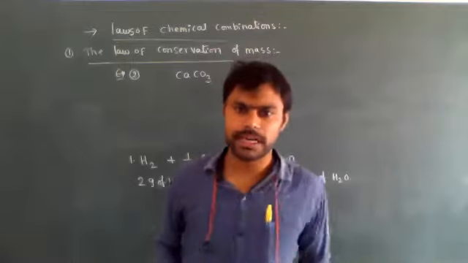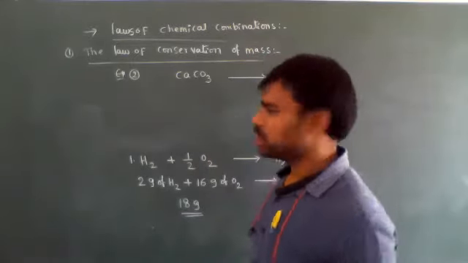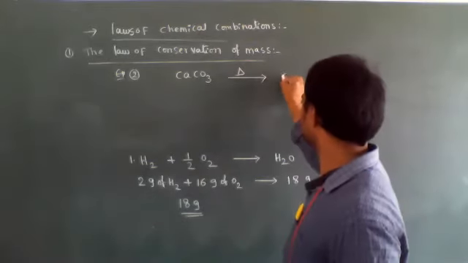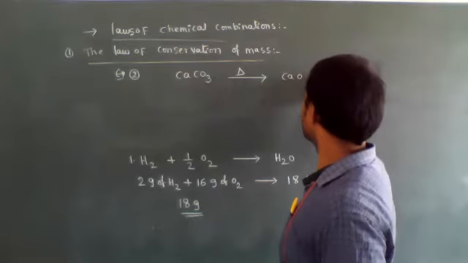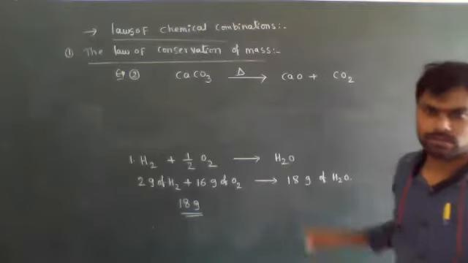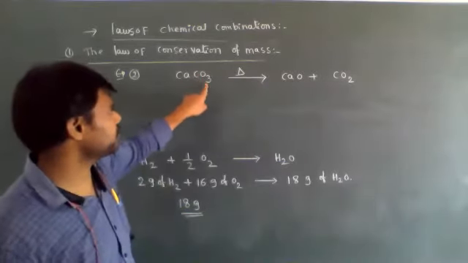CaCO3, calcium carbonate. Okay, the decomposition of calcium carbonate. What are the products that will form? Calcium oxide plus carbon dioxide, CO2. Actually, see, here one calcium atom is there, one carbon atom, 3 oxygen atoms.